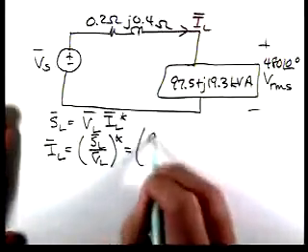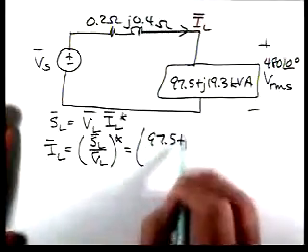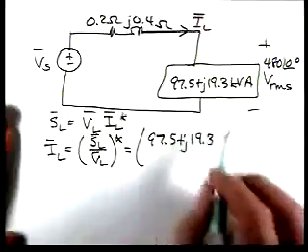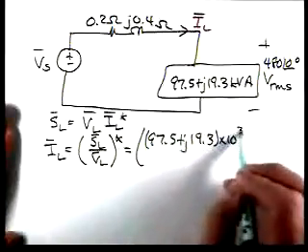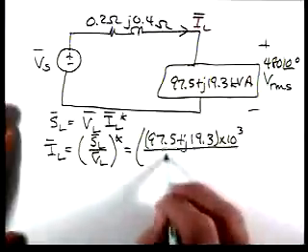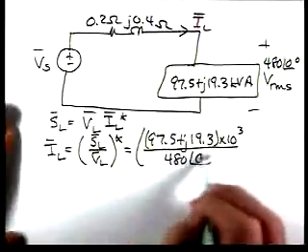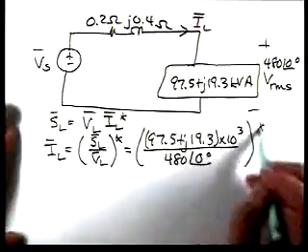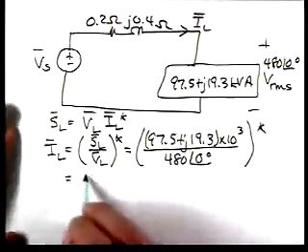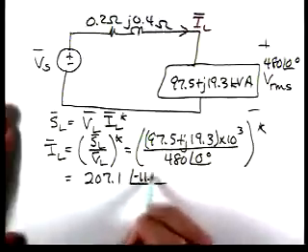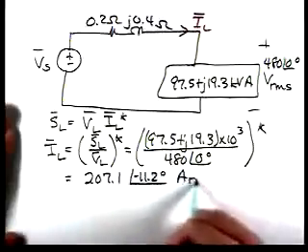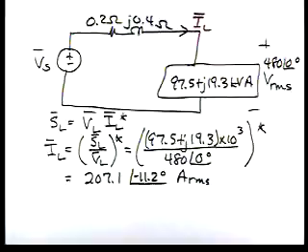So we have 97.5 plus j19.3, and we need to remember that's all times 10 to the third, over 480 at an angle of 0. Conjugate, and that's 207.1 at an angle of minus 11.2 degrees amps RMS. Okay, so that gets us the current IL.